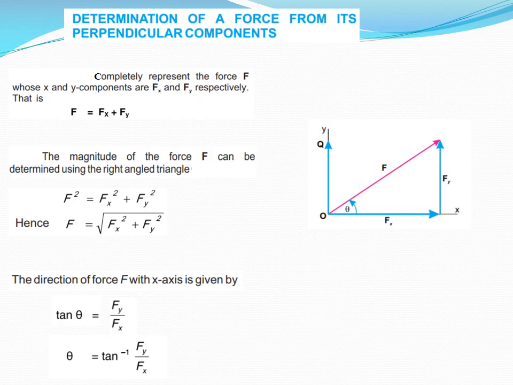That's why tan theta equals Fy by Fx, and shifting tan to the right side it becomes tan inverse. So theta equals tan inverse of Fy by Fx. This gives you the direction. In this slide we have found the magnitude as well as the direction of this force, which is split into its components.